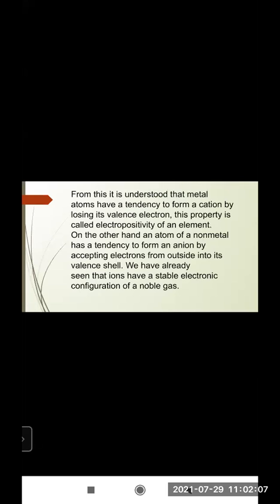And we have already seen that ions have the stable electronic configuration of a noble gas. Understood what electropositivity is, how metals have a tendency to form a cation and non-metals have a tendency to form an anion? Metals lose electrons, and non-metals accept electrons from outside. Clear? Now, one more question is given.